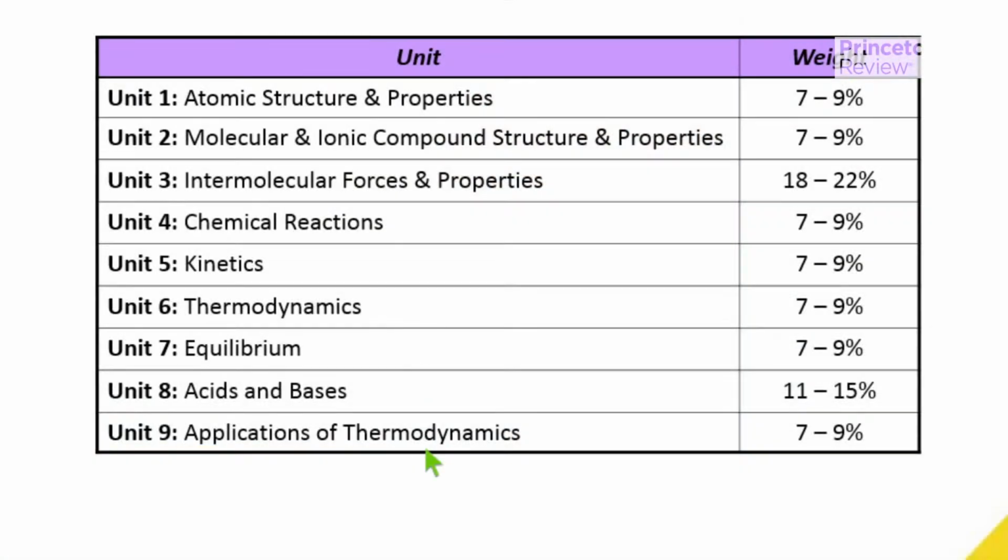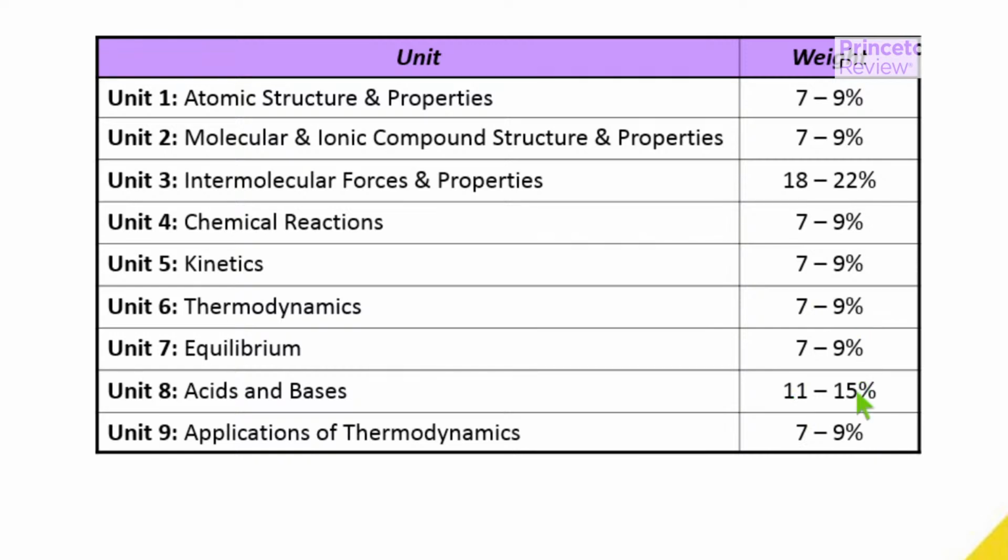So the units that are covered, these are the units that are covered. And as you see, most of these are about the same. Okay, here is one that's different: intermolecular forces and properties. Acids and bases is a little bit higher. And thermodynamics gets a double hit. You have applications of thermodynamics and you have thermodynamics as well.